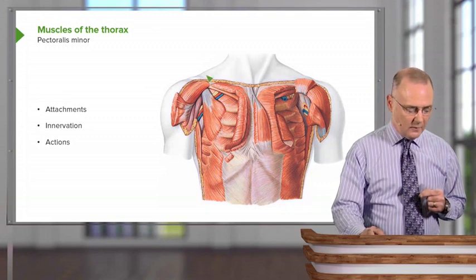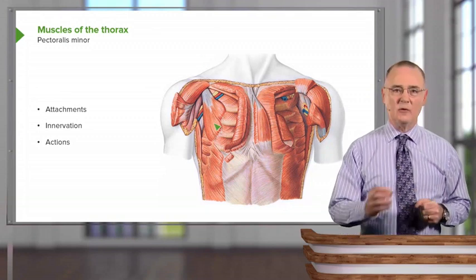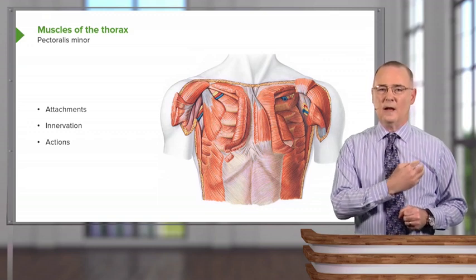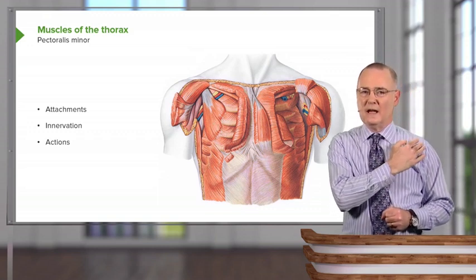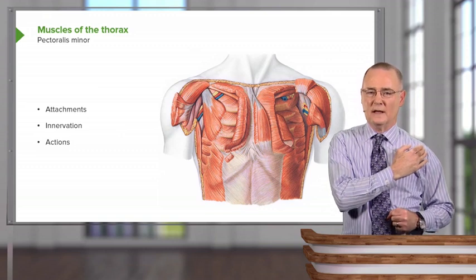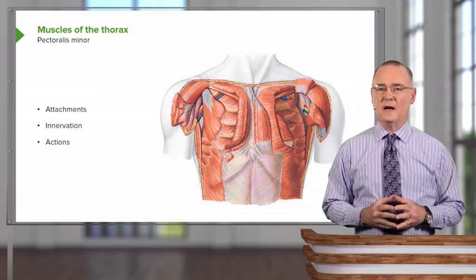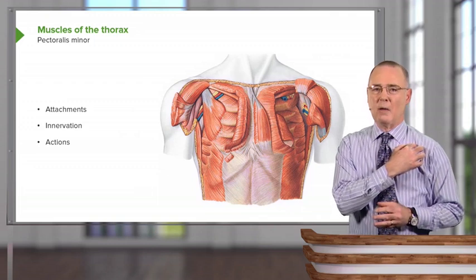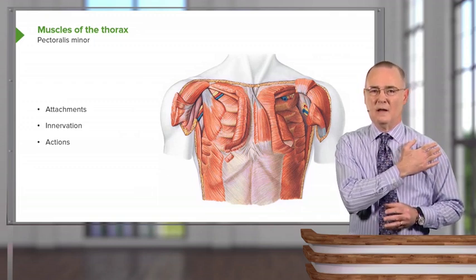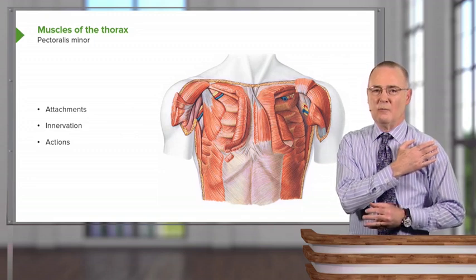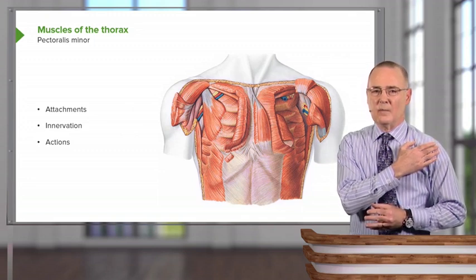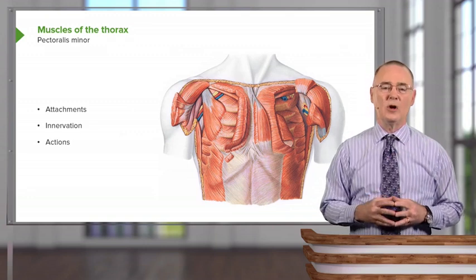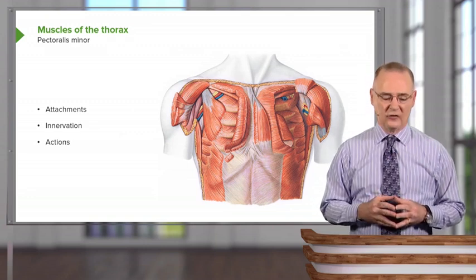Imagine if it was to shorten, it would pull the coracoid process downwards, thereby depressing the angle of your shoulder, bringing it down. Another function of the pectoralis minor would be to pull the scapula forward, thereby bringing the point of the shoulder into a more anterior place. That is referred to as protrusion of the scapula.